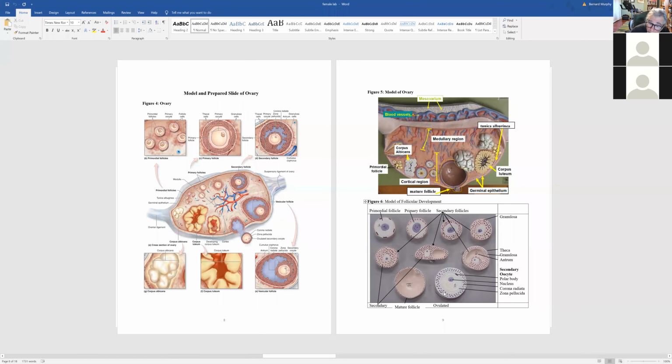So remember, this oocyte starts off arrested in prophase 1. As it develops in the follicle, it goes through the rest of meiosis and becomes arrested here at metaphase 2. And then it's ovulated as metaphase 2.